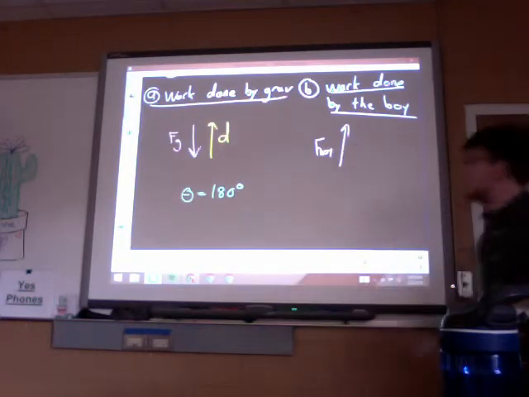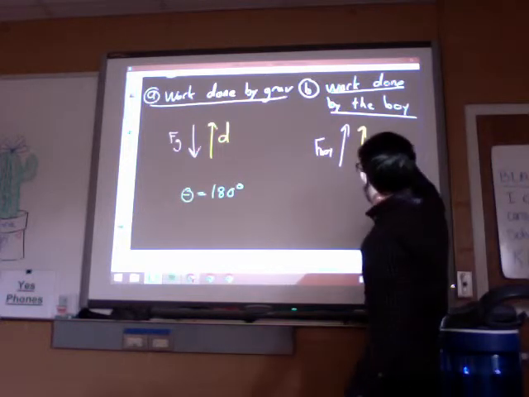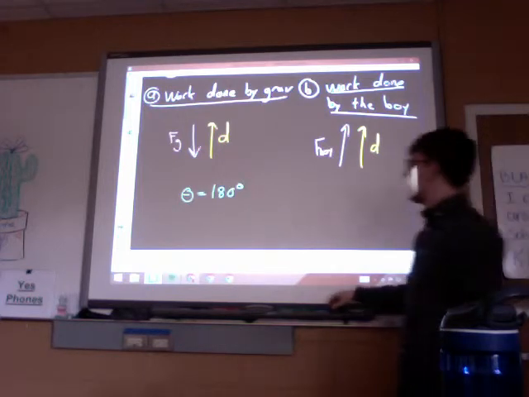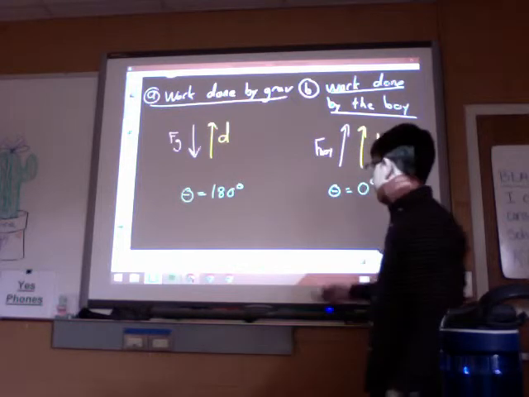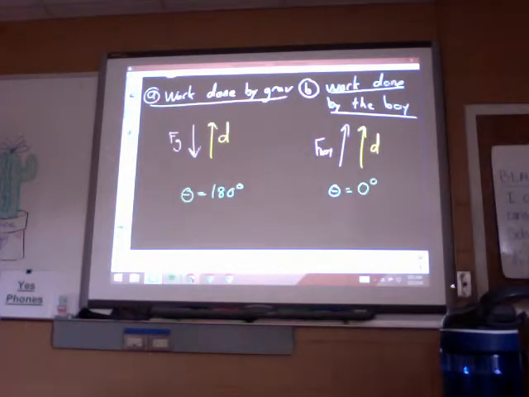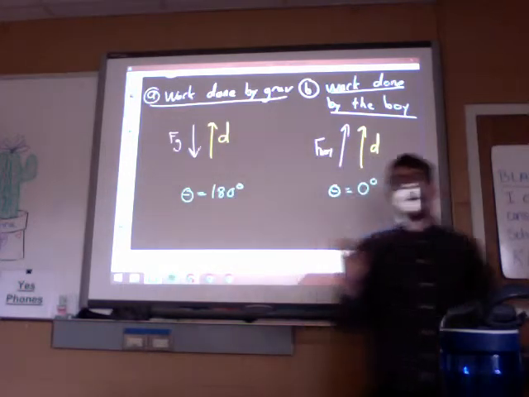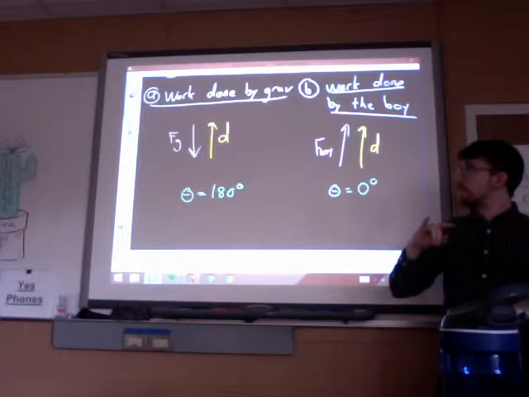But still, what direction is the bucket going? Up. With these arrows in the same direction, we have an angle of 0 degrees. So in part A and part B, we have a 180 degree angle and a 0 degree angle. This is the crux of the problem, figuring out which of those is 0 and which is 180.